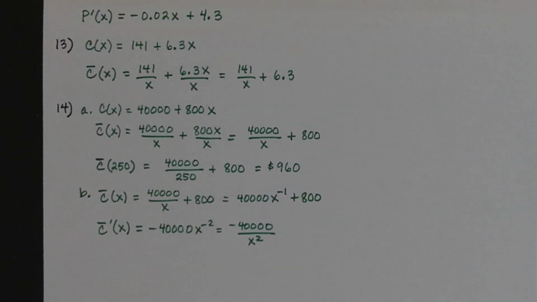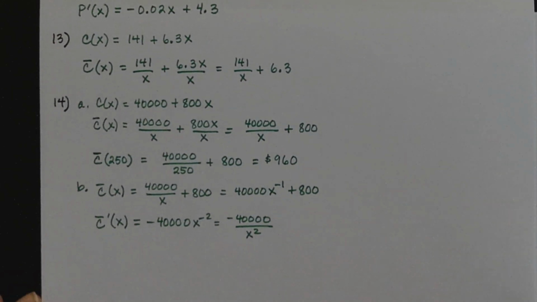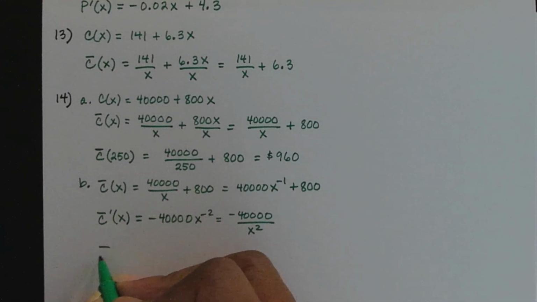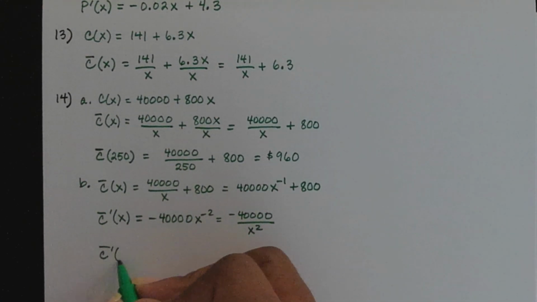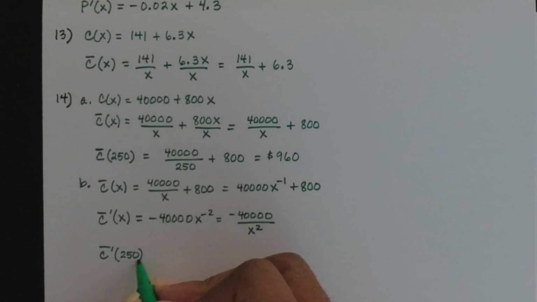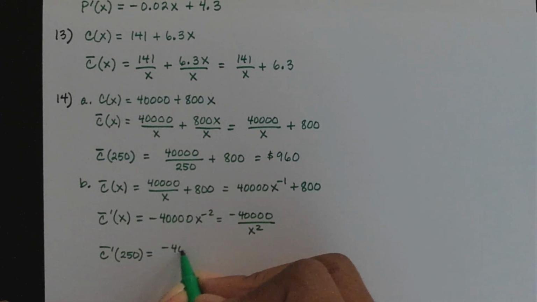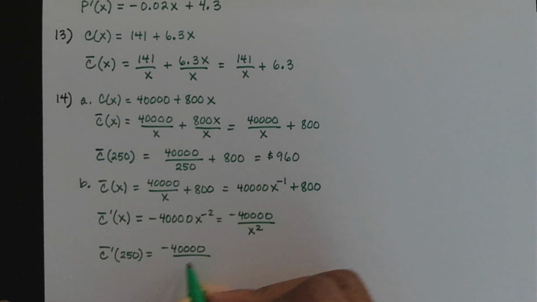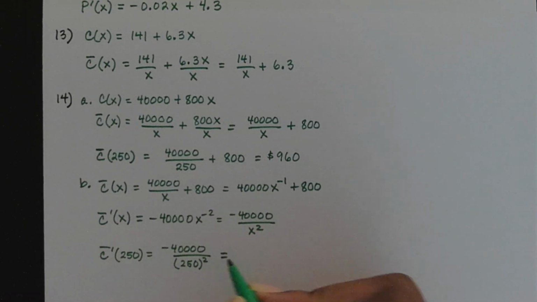So that's C bar of X. Now if 250 units are sold, at the production of 250 units, my average cost at 250 would be negative 40,000 divided by 250 squared.